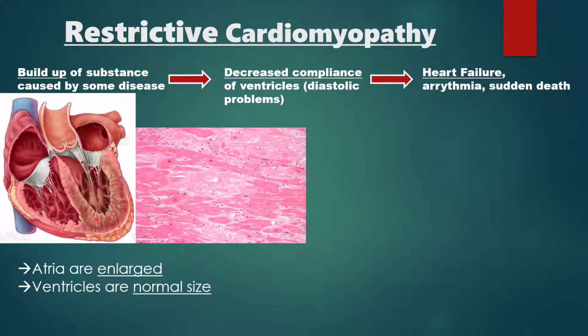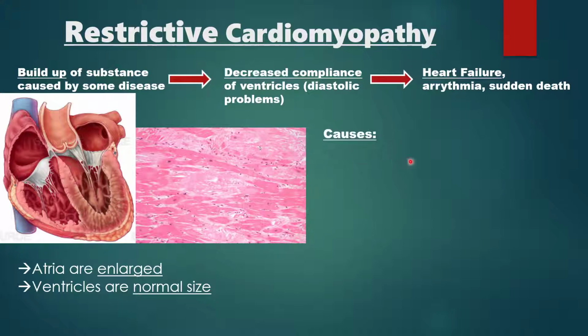Again, the atria are enlarged because they have a little bit higher pressure from trying to squeeze into this less compliant ventricle. But the ventricles are normal size because the myocyte fibers haven't rearranged themselves or anything. They've just had some deposition of some kind of substance.